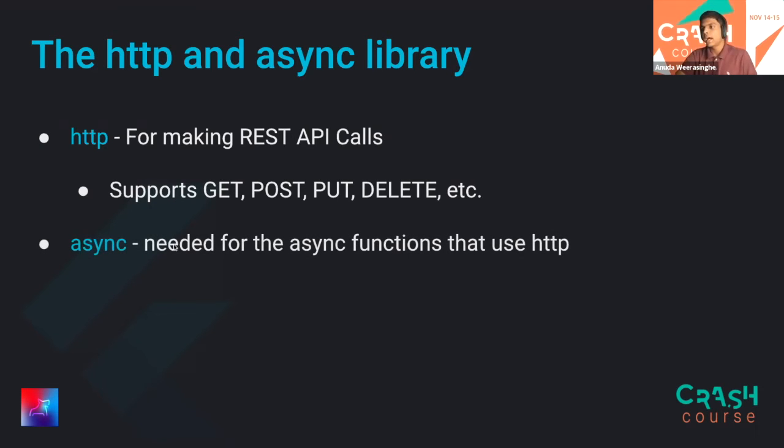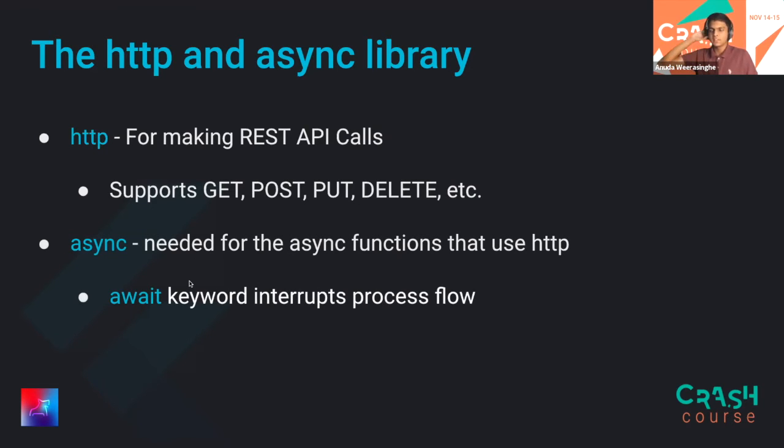Then the async library is needed for the async functions we use with the HTTP library. Async gives us a keyword called await, which tells Flutter to call the API, wait until the API gives us a response, and then continue with whatever else we have to do afterwards.